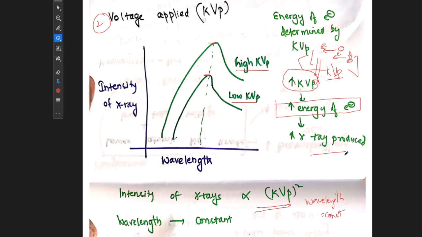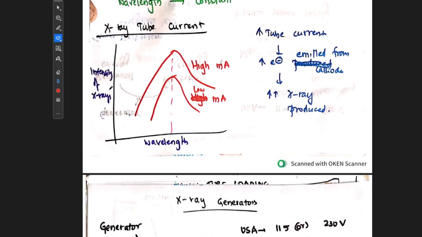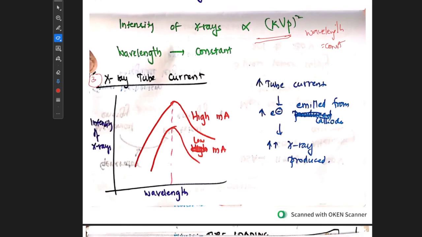Next, the third factor affecting the intensity of X-rays is X-ray tube current. As the X-ray tube current increases, the intensity of X-rays increases. If this is the cathode and this is the anode, and this is the kilovolt peak which we have seen, X-ray tube current is the electrons flowing from cathode to anode.